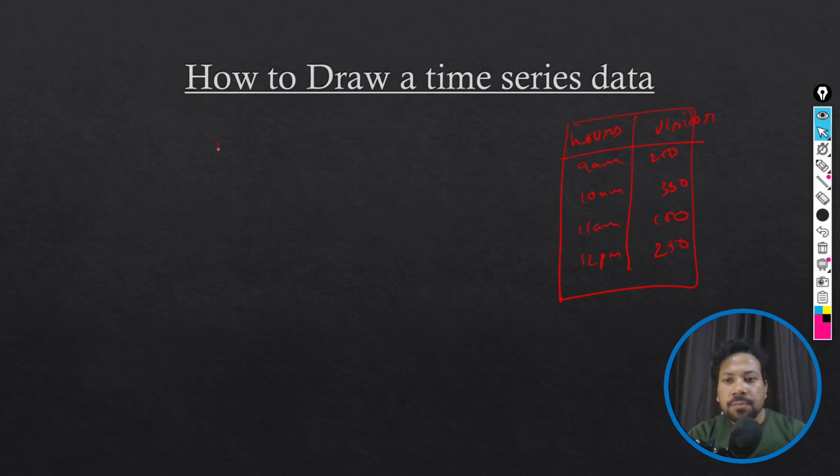Now, you can simply put the hours on the x-axis and visitors on the y-axis, and then you just plot these points: 9 a.m., 10 a.m., 11 a.m., 12 p.m. And here you can put 100, 200, 300, 400. So 200 will come right here, at 10, 350 here, at 11, 100, at 12, 250.